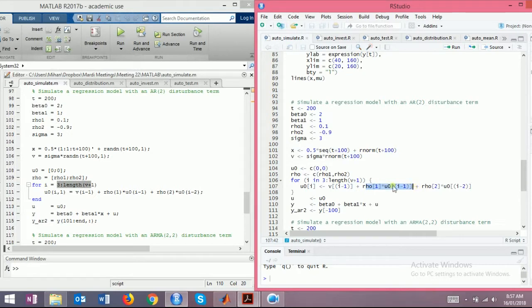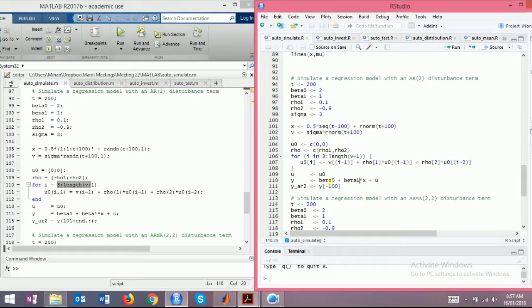There are vectors, and something is scalar here. Rho 1 is scalar, that's why when a scalar is multiplied to a vector, we don't have the percentage sign. Rho 2 end. So u0, whatever we have replaced with u0 will go into u, and whatever we didn't replace stays with rho 1 and rho 2.